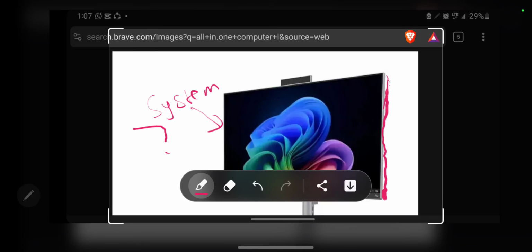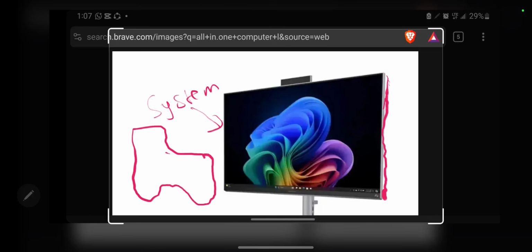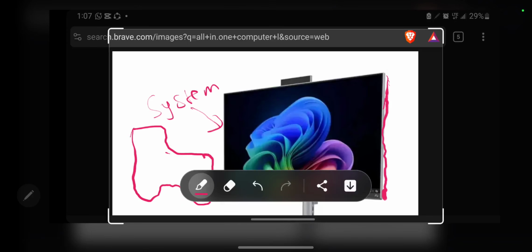You don't find a computer with a big back like this. No, you will find that the computer itself is just this thickness. It combines the monitor and everything, the system unit, the central processing unit, in just this flat sized thing.